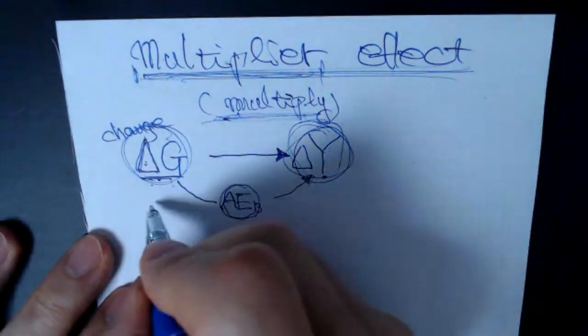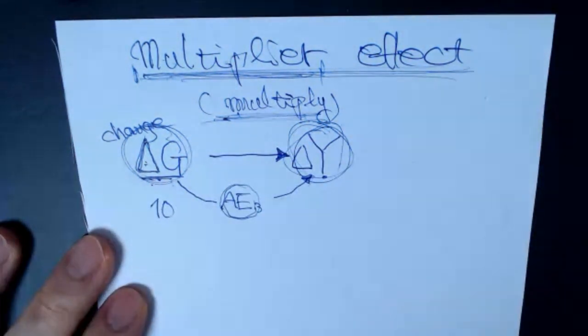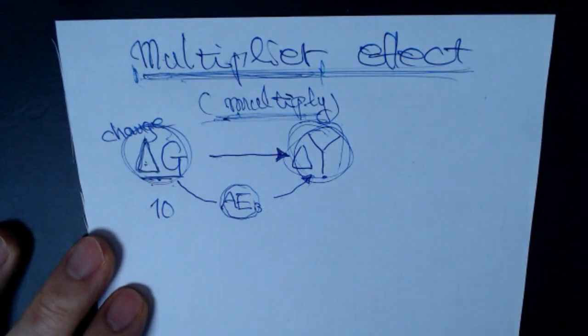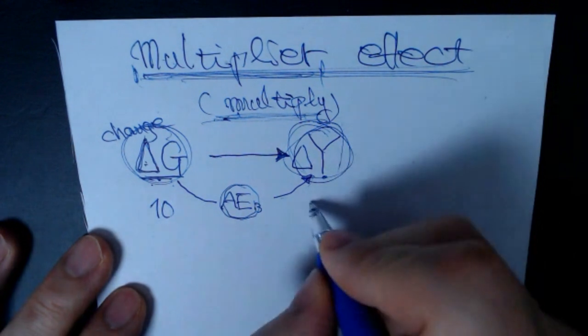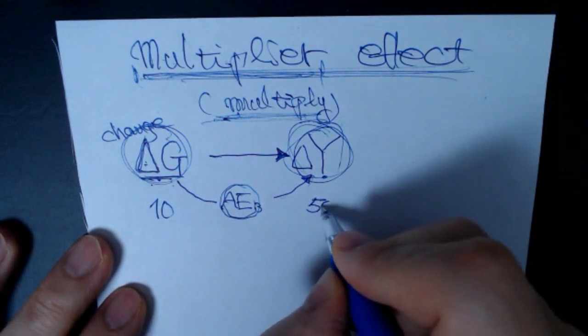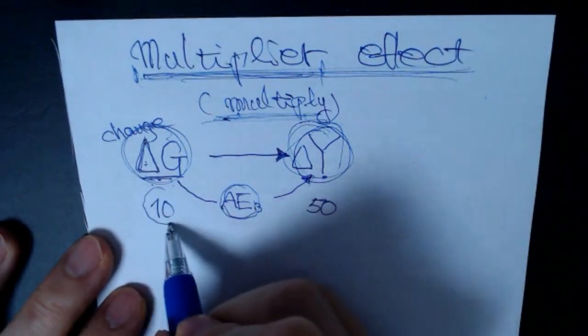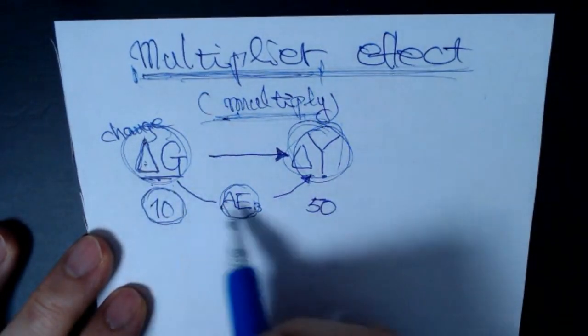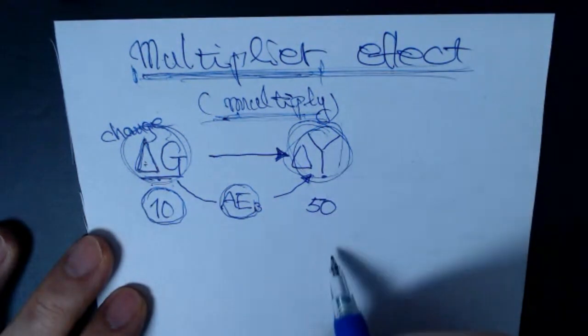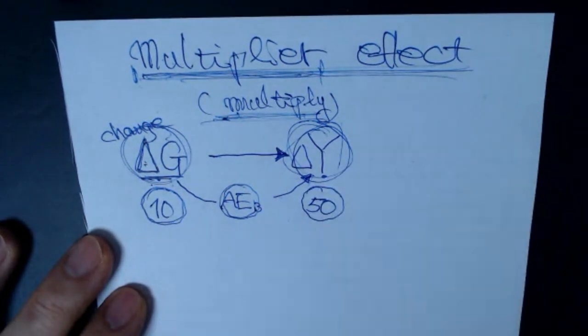Say that government spending increased by 10, for example. And after calculating national equilibrium, national output increased by 50, for example. Just an example. So again, when government spending increased by 10, we calculate the new equilibrium, and the new equilibrium output is increased by 50.